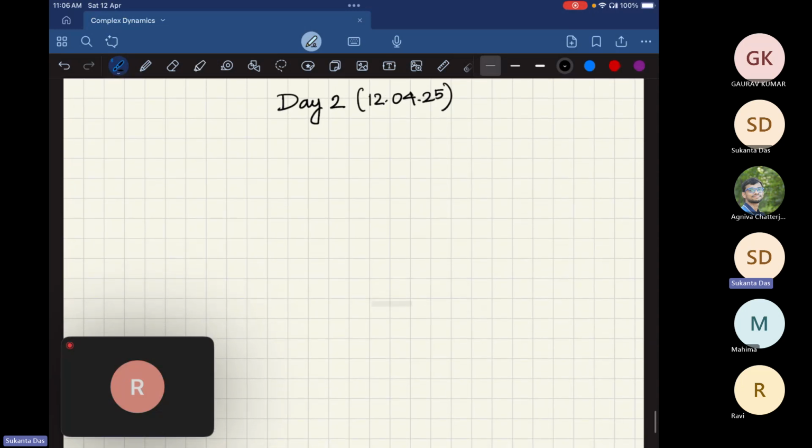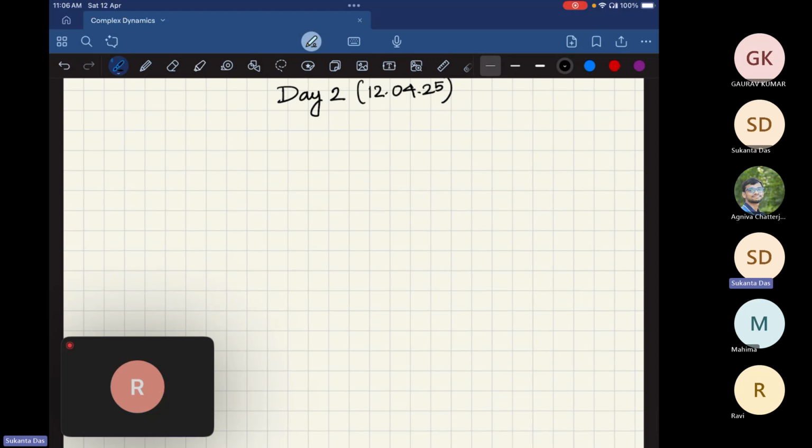After this, we will see some useful and important properties of the Julia set of the polynomial as well as for rational functions. Then we'll move on to the classification of Fatou components. And if time permits, we will illustrate these things by showing some examples.